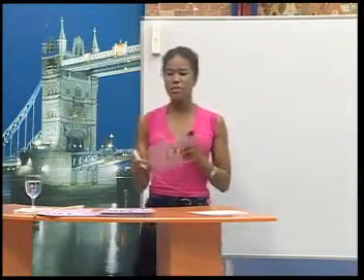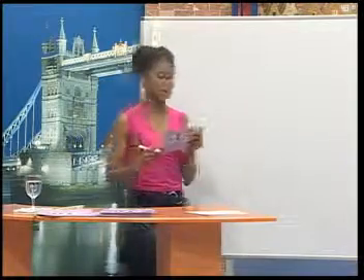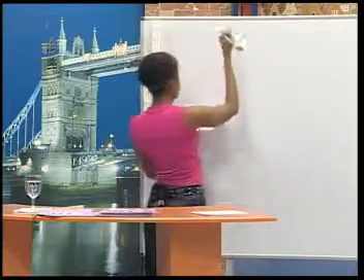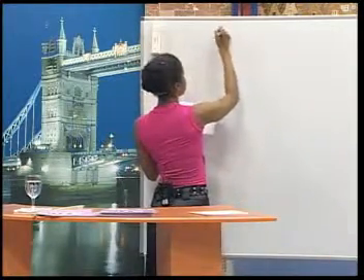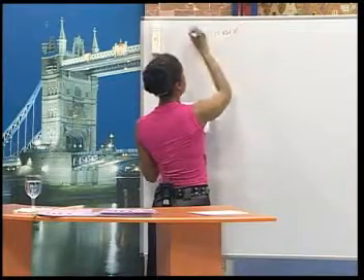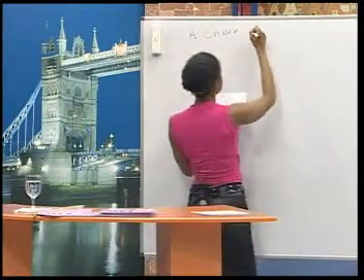Review. So now let's do an exercise. Using the words, complete the sentences using as or not as. You can make positive or negative sentences. Okay, Sylvia, you do the first one. A chair and a sofa.